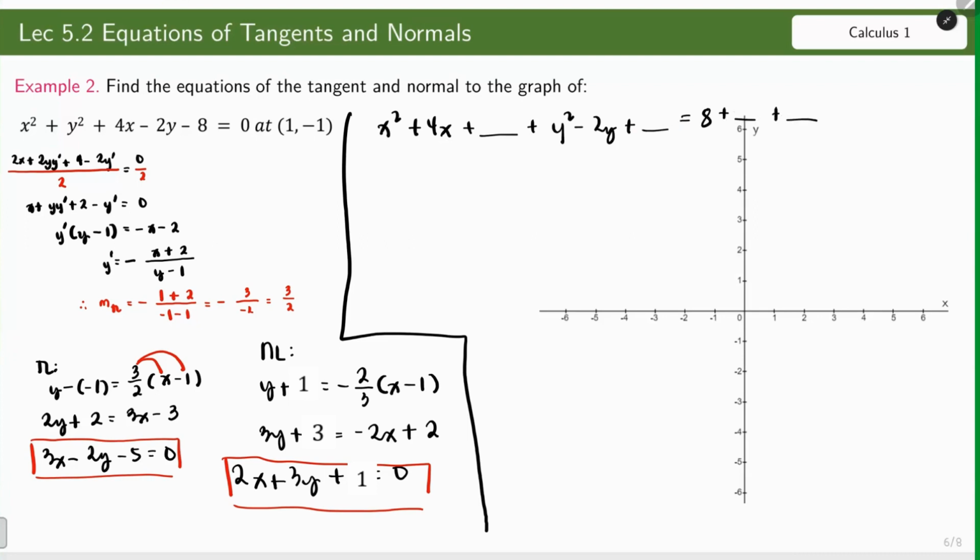In order for this to be a perfect square trinomial, the additional term would be 4, so that we can express this as x plus 2 quantity squared. And then for the other one, we have 1.